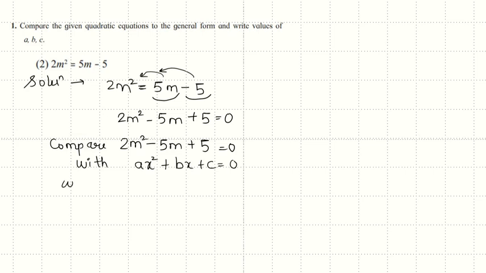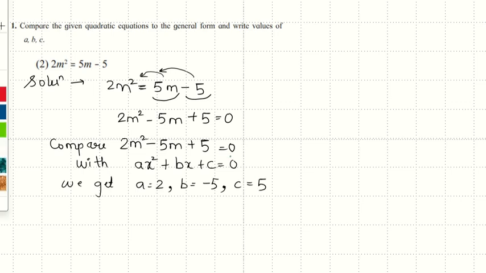We get a is equal to 2, b is equal to minus 5 and c is equal to 5. This becomes easy to understand. Now let's check the third question that is given: y square is equal to 7y.